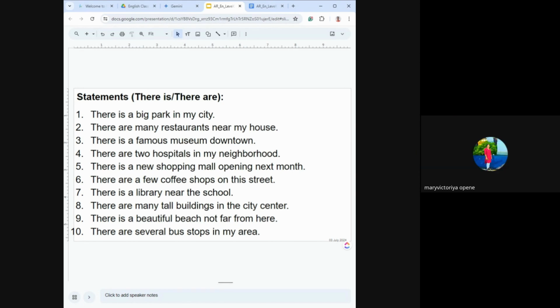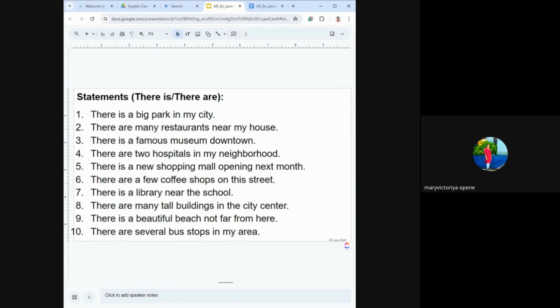Thank you. There is a big park in my city. There are many restaurants near my house. There is a famous museum downtown. There are two hospitals in my neighborhood. There is a new shopping mall opening next month.